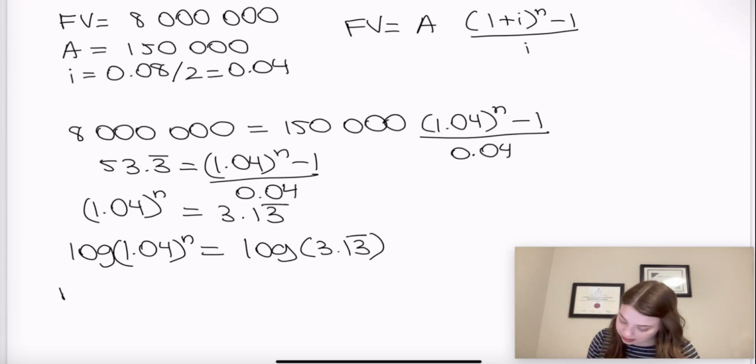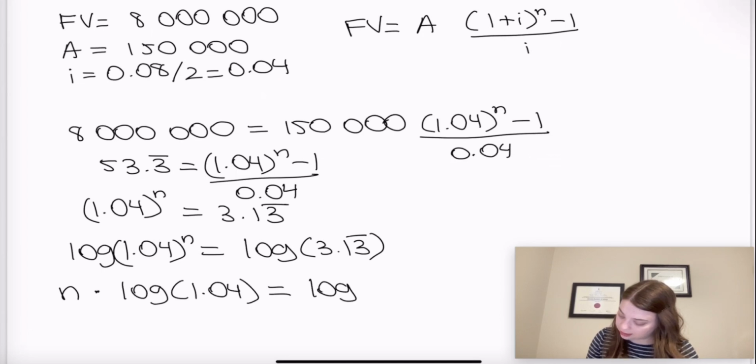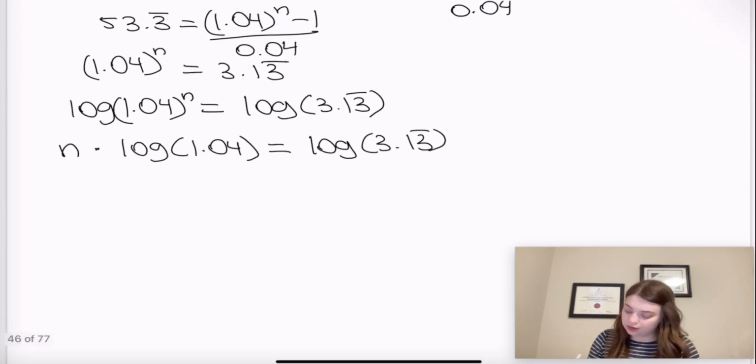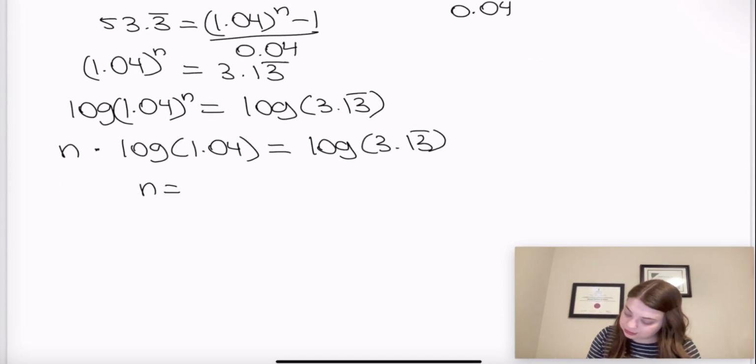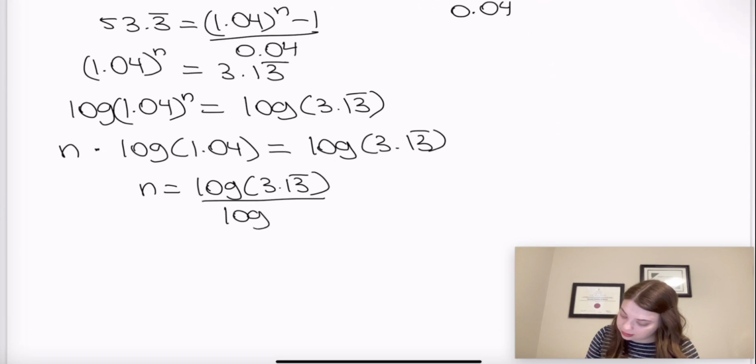So therefore, n times log of 1.04 is equal to log of 3.13 repeating. And then if I divide both sides by log of 1.04, I get that n is equal to log of 3.13 repeating over log of 1.04.